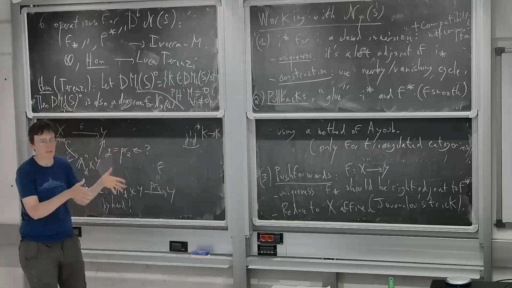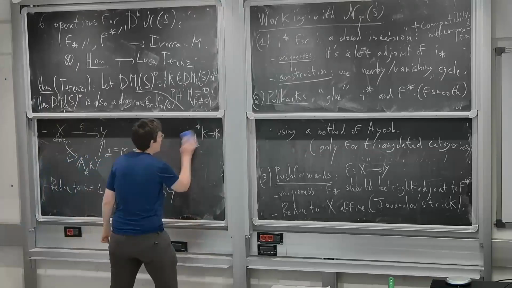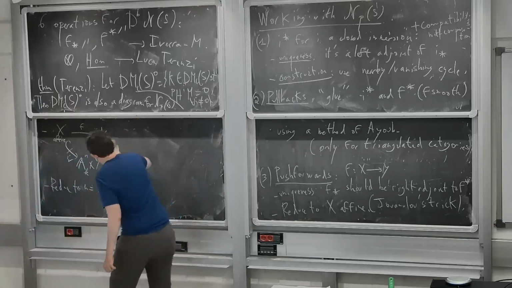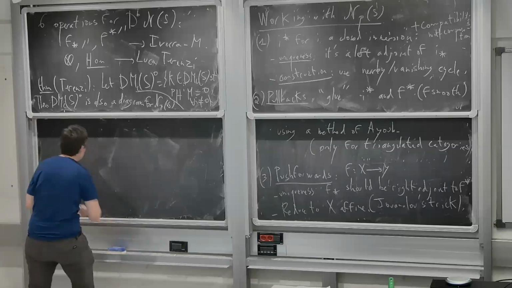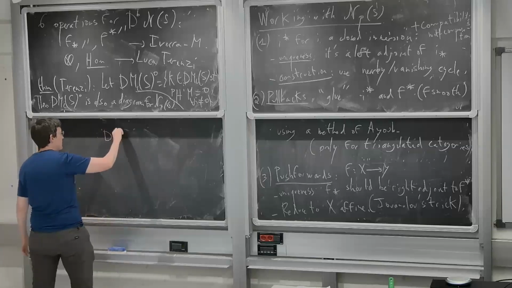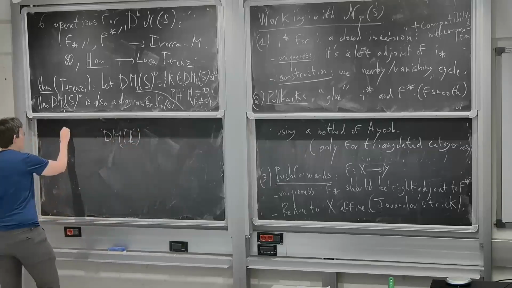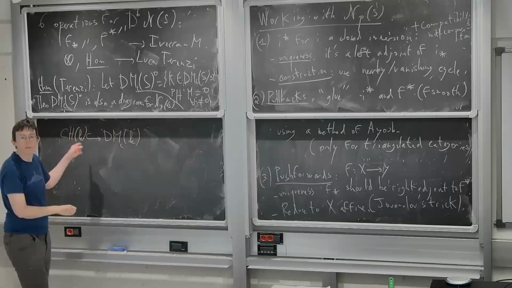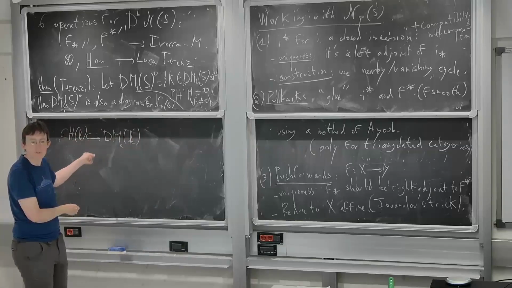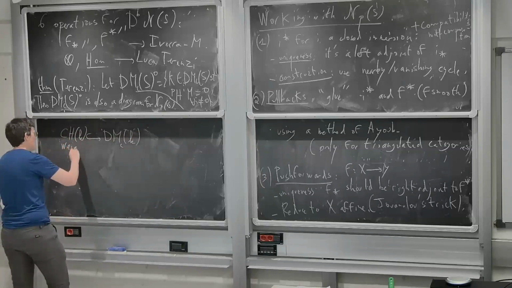I mean over K or over S. Over K. Okay, over K. So over K you have this category of Voevodsky motives. Chow motives are a full subcategory here. They are the weight 0 objects in Bondarko's weight structure. So this is like your weight 0 objects.